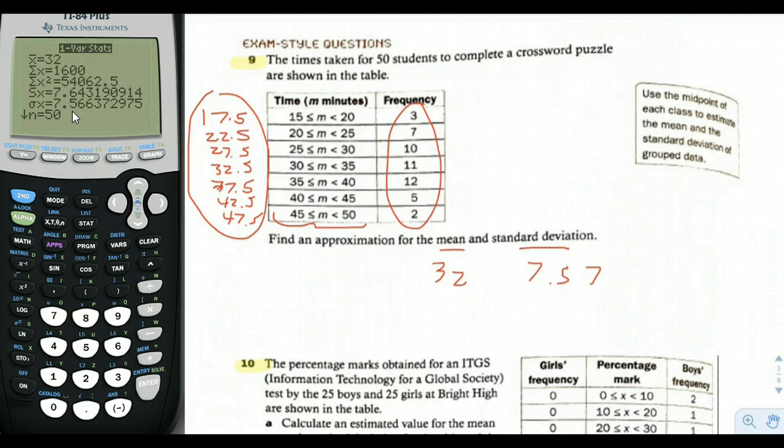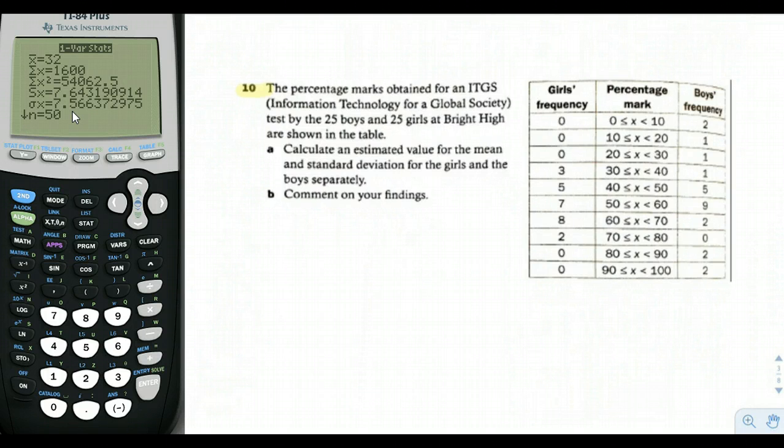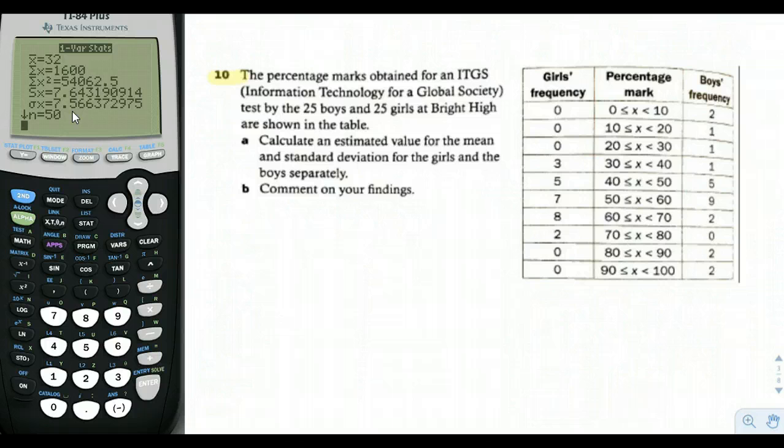All right. Now, the next one is similar to the last one. We do need to put representative values for each range because it does have groups of data here. The percentage marks obtained for an ITGS, Information Technology for a Global Society, test by the 25 boys and 25 girls at Bright Height are shown in the table.